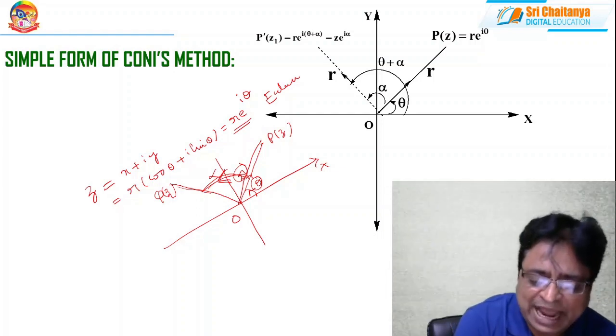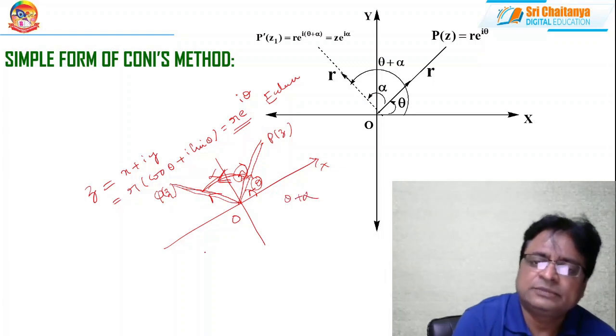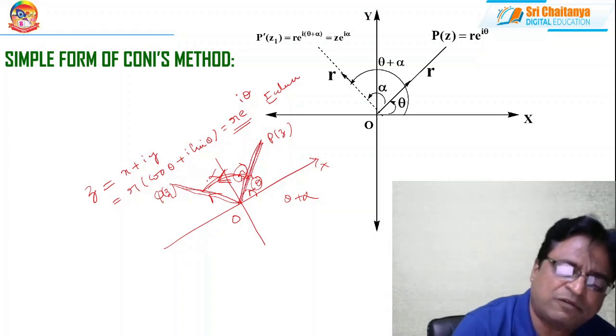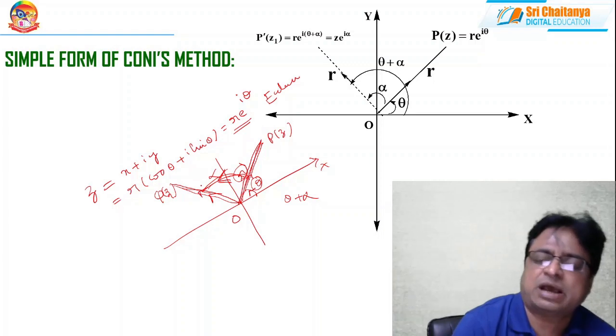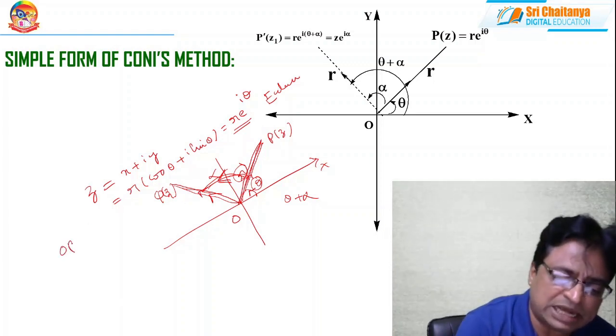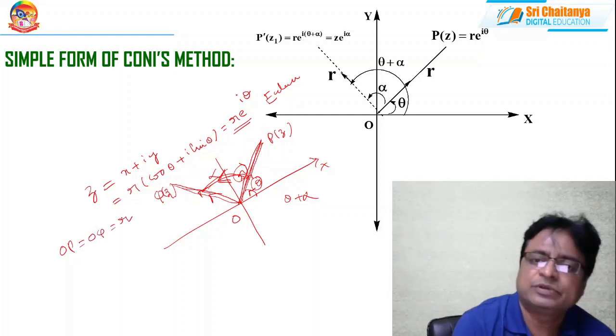So what is the angle that OQ bar makes with the x-axis? That is theta plus alpha. And since I am just rotating the same vector OP through an angle alpha, the lengths OP as well as OQ are both the same, equal to r.